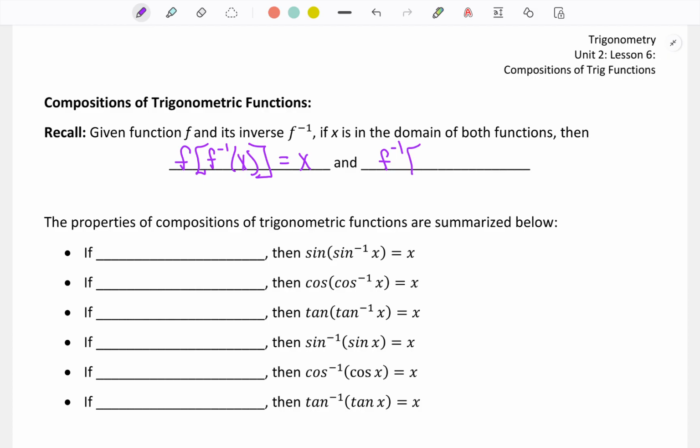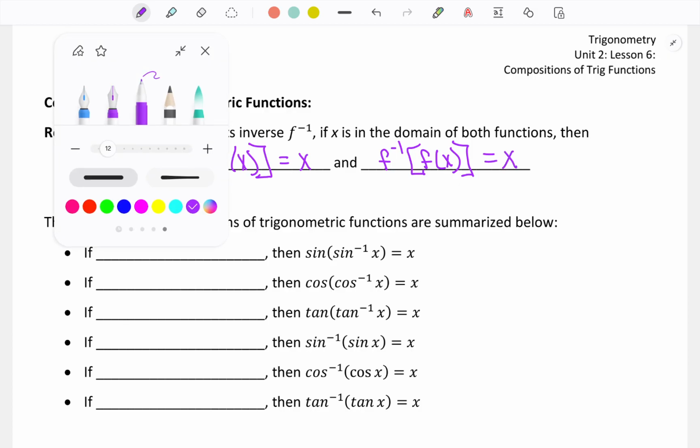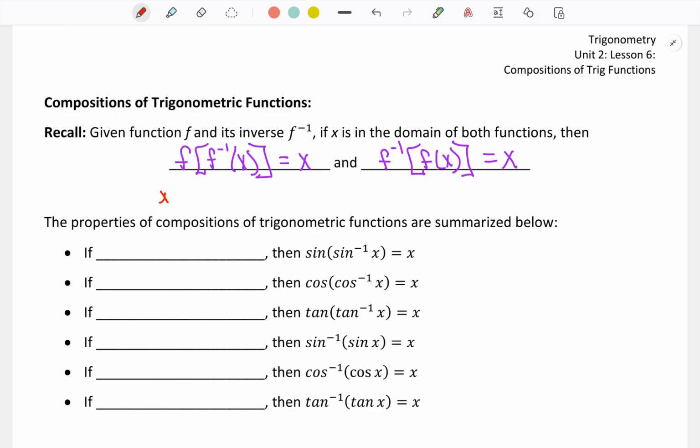If we take f of f⁻¹ of x, that will also be just x. So a composition of the inverse cancels the other.